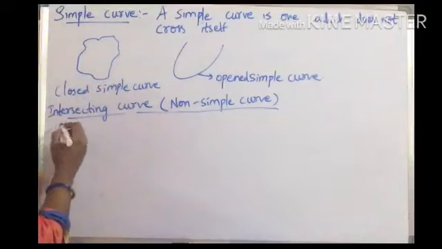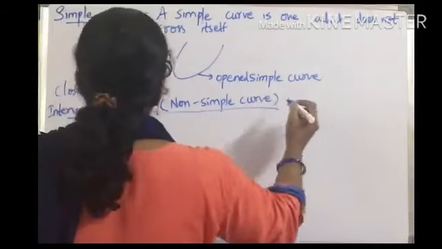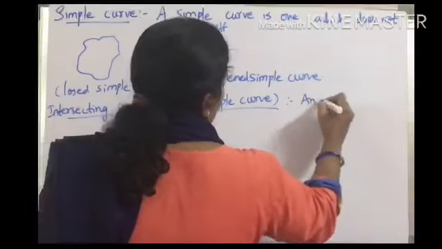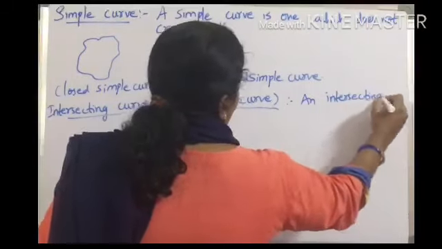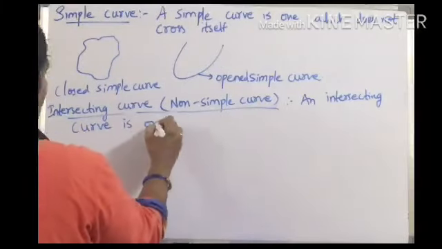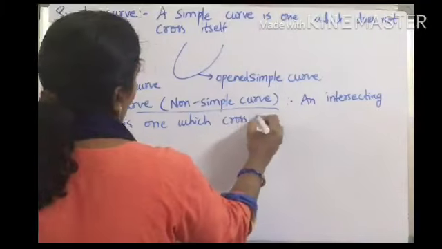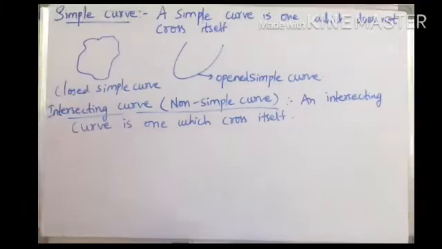So an intersecting curve is one which crosses itself. Okay, the definition you are going to write: an intersecting curve is one which crosses itself.